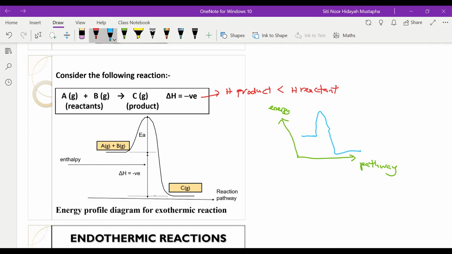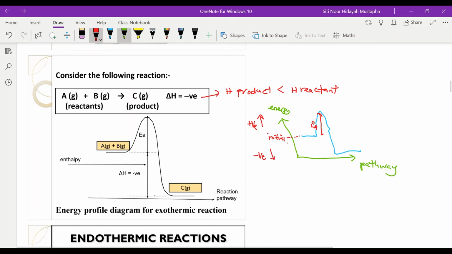So you can see from here, this point will be your initial point, initial energy. Above it will be positive, below it will be negative. So in this particular system, you have EA over here, so you have activation energy.